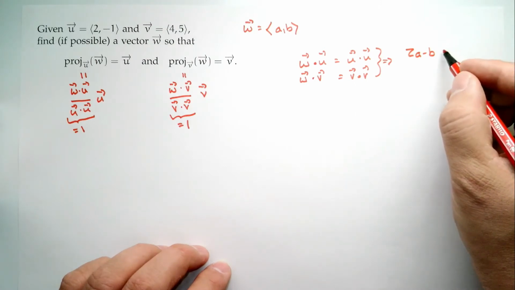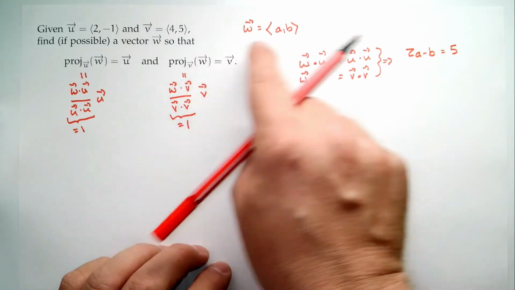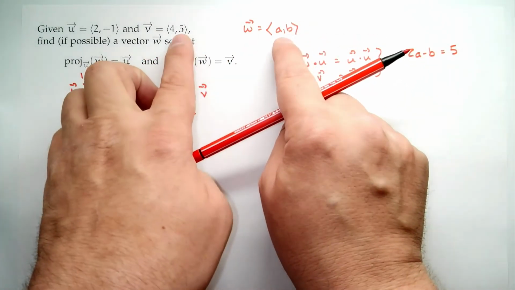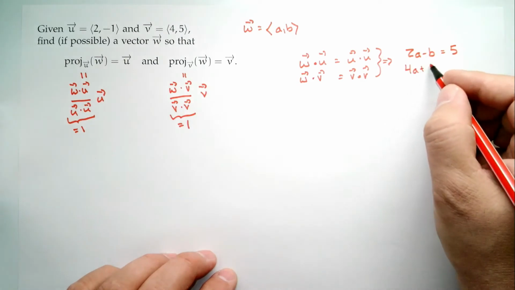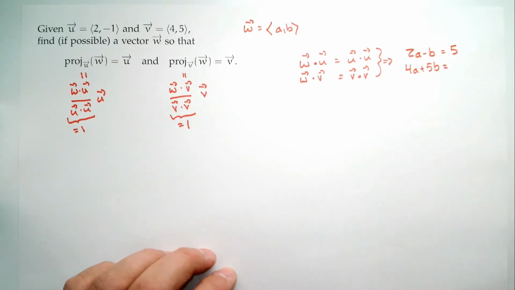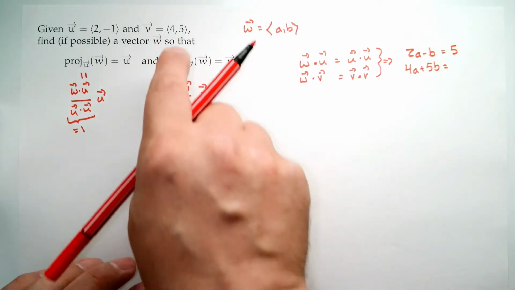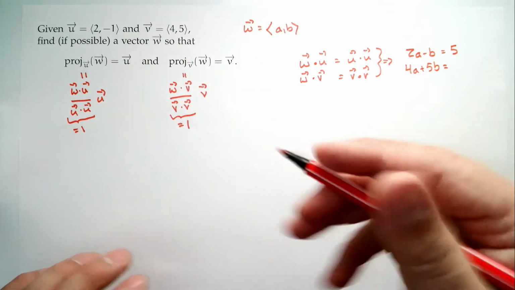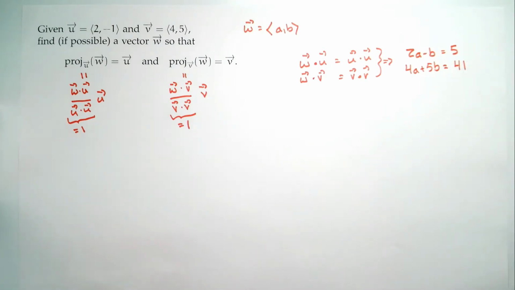That's 4 plus 1, equal to 5. Then w dot v would be 4a plus 5b. That's got to equal v dot v, 4 squared plus 5 squared, so 16 plus 25, making 41.